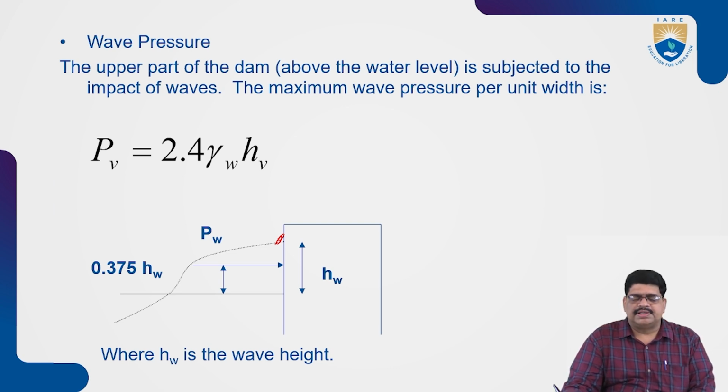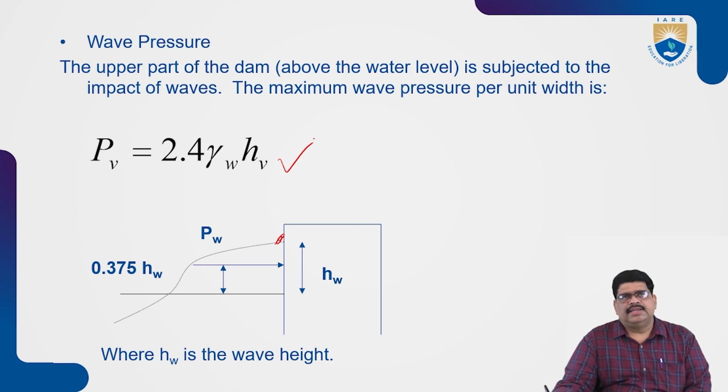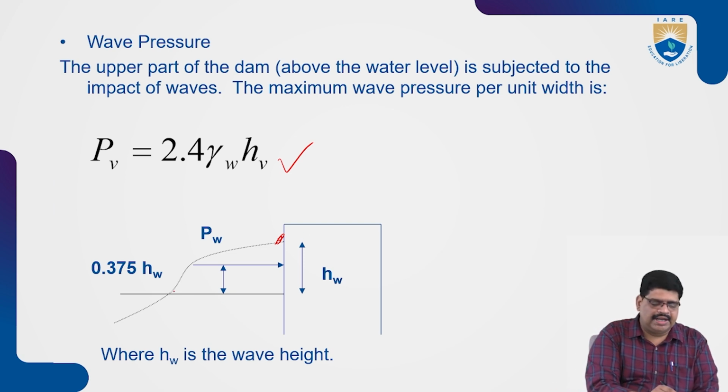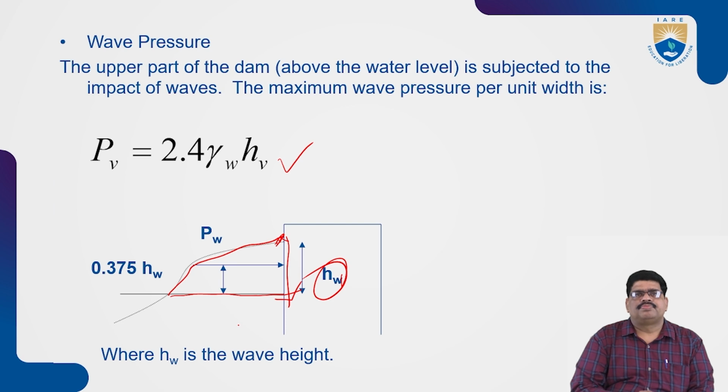The maximum wave pressure per unit width is PV equal to 2.4 gamma W into HW. By using this formula you can find it out, where HW is the wave height. The wave height is measured from this portion to this portion. So HW is the wave height of the dam.